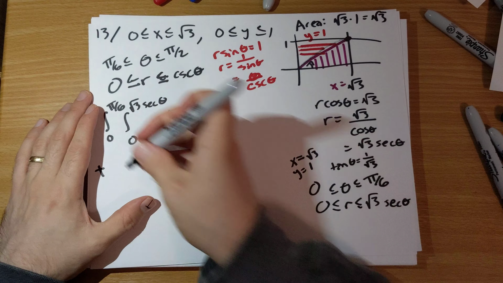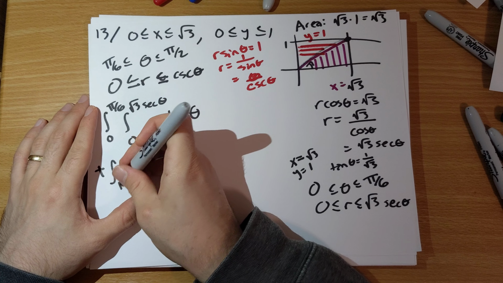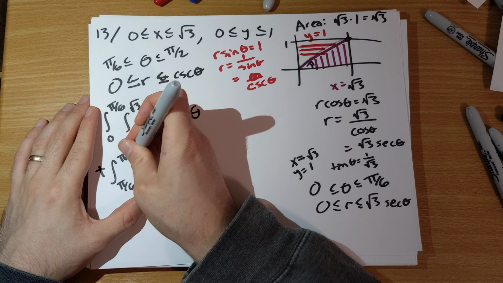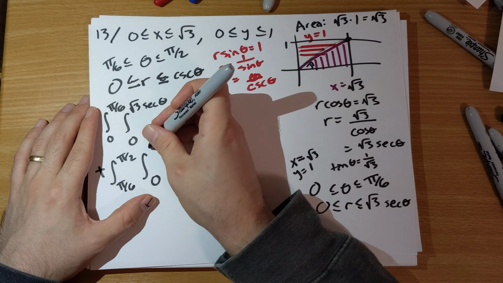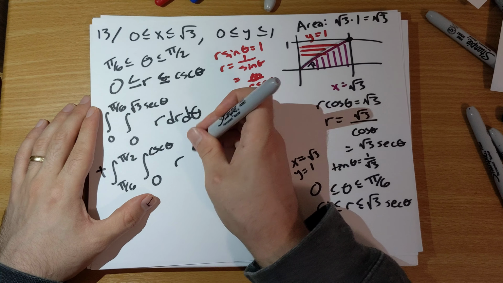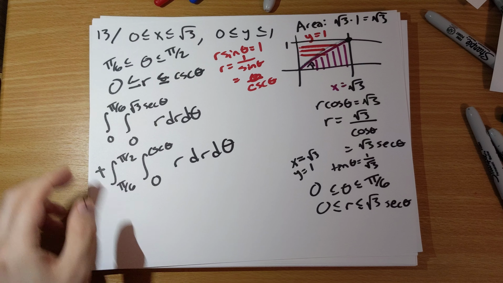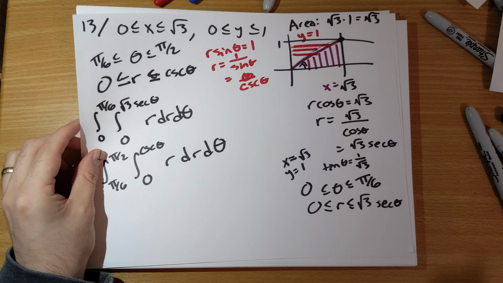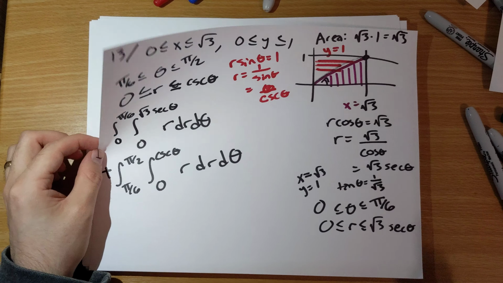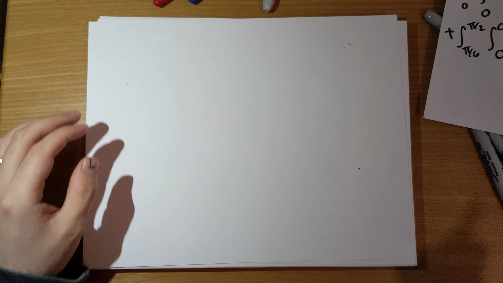The upper left triangle: theta runs from pi over 6 to pi over 2, r runs from 0 to cosecant theta, r dr d theta. We'll just evaluate these two integrals to finish this off.